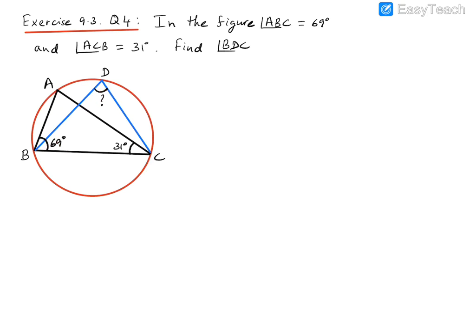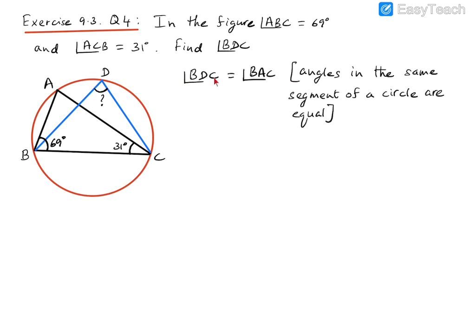Okay, that's a theorem that we have seen earlier. So based on that theorem, angle BAC is equal to angle BDC. So once we are able to calculate angle BAC, then BDC will be the same as the angle BAC. Okay, so now let's write that down.